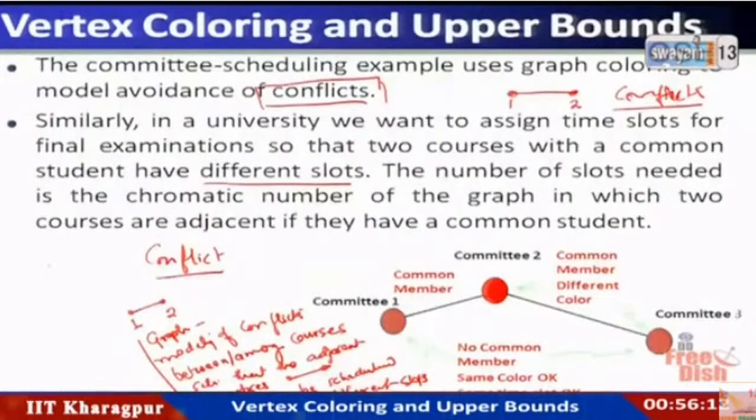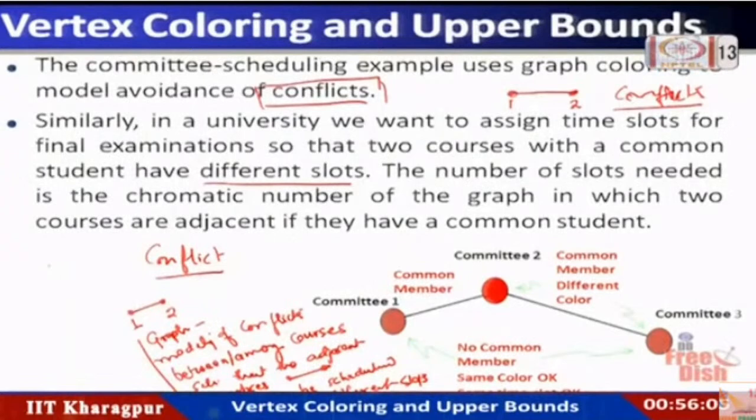So hence, how this particular coloring is to be done in these graphs which are modeling different problems. For example, committee scheduling with a minimum number of slots. Similarly, examination to be conducted with a minimum number of slots.